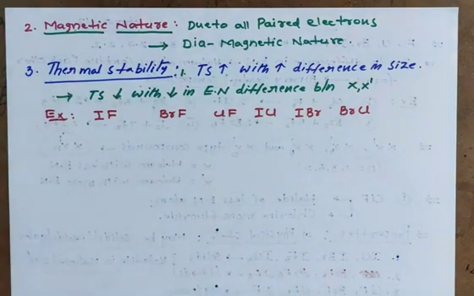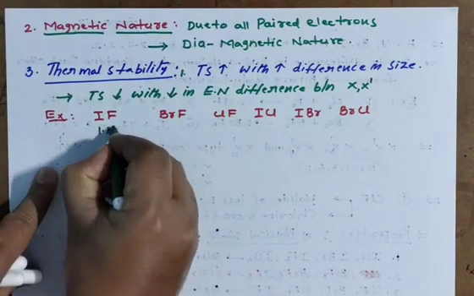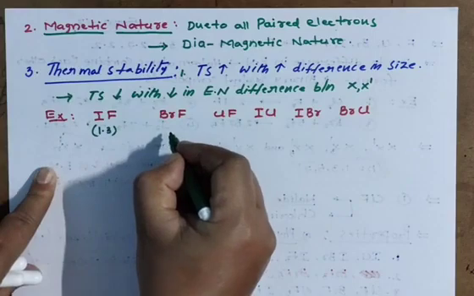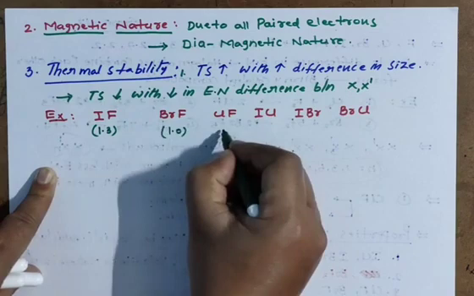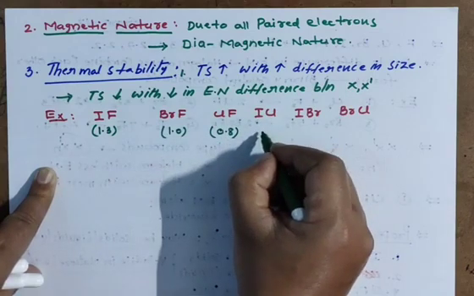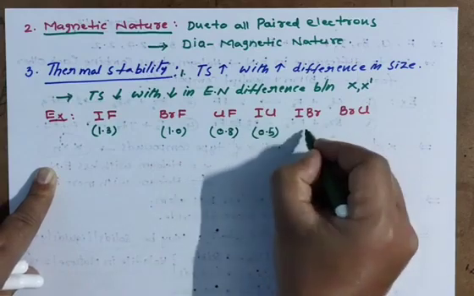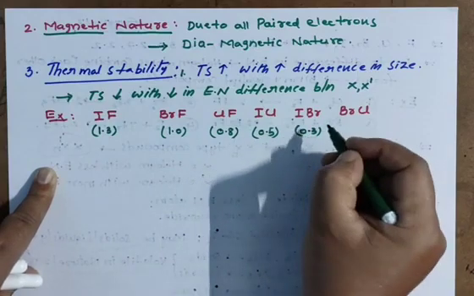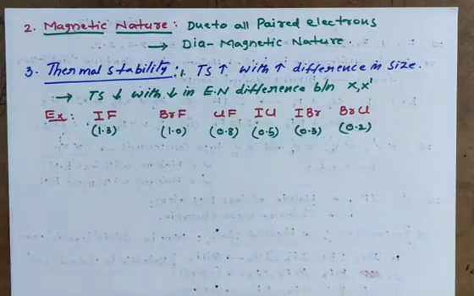Now the electronegativity difference between these two is 1.3, and here is 1.0, and chlorine and fluorine 0.8, and iodine and chlorine 0.5, and here 0.3, and here 0.2. This is the electronegativity difference between X and X dash.